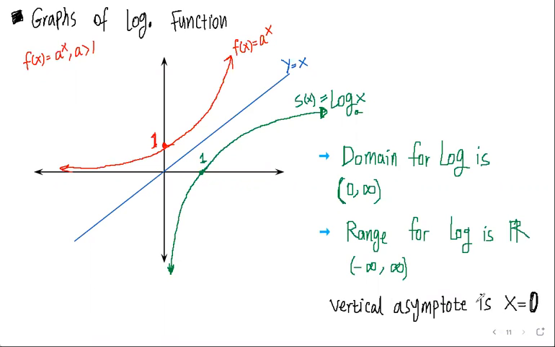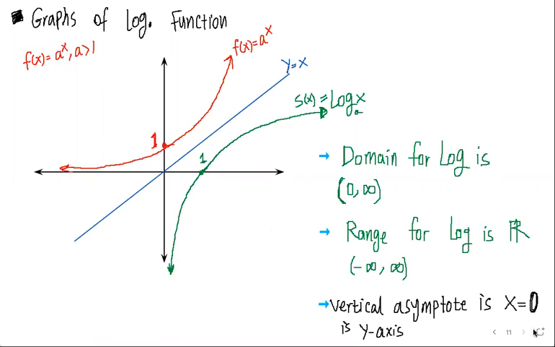This is the y-axis. x equals 0 is the y-axis. Any question? Is it clear? So the vertical asymptote for the logarithm function is x equals 0.